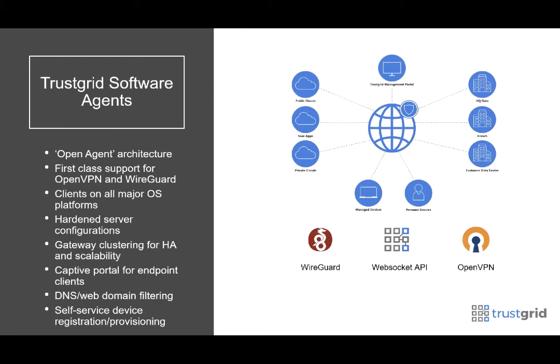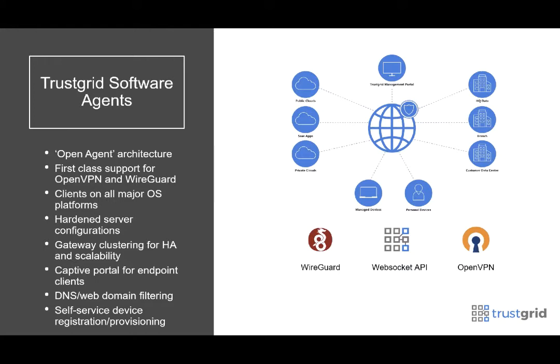Trustgrid supports an open agent architecture for easy integration to application agents residing on Windows, Mac OS, Android, and iOS operating systems. Trustgrid currently supports both WireGuard and OpenVPN open source agents, as well as delivers a WebSocket-based API for easy integration to other deployed agents.